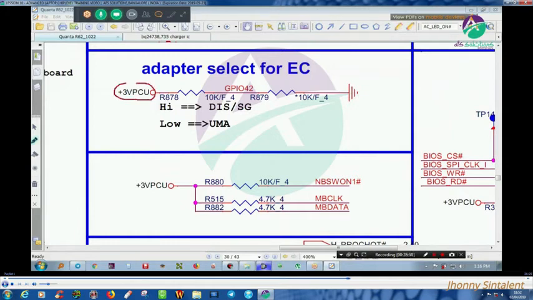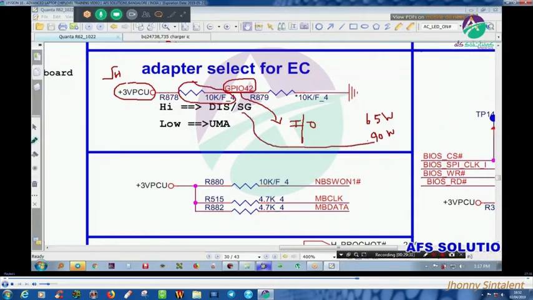Now if 3 volts is connected, GPIO 42 is the information which will tell the IO controller how many watts the adapter is, whether it is a 65 watt adapter or a 90 watt adapter. GPIO 42 is a pin of the IO controller. If this 10k resistor is connected to high voltage, 3 volts, it is telling me that it is a 90 watt adapter.